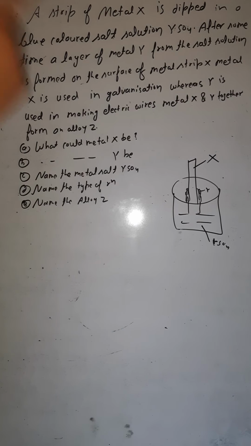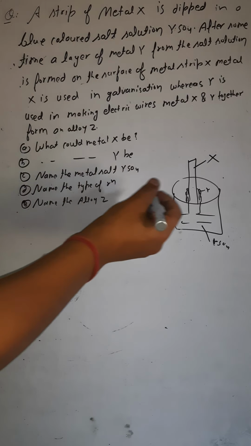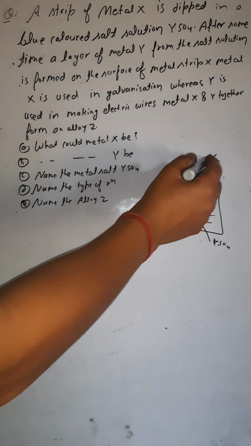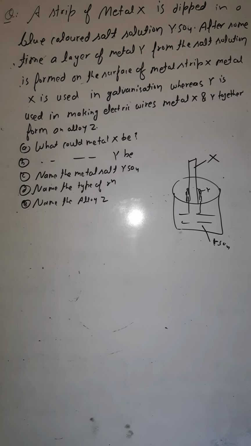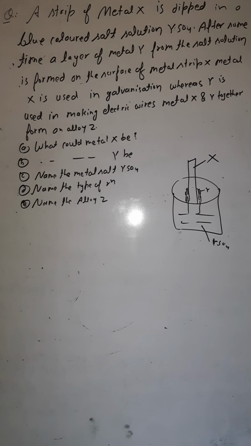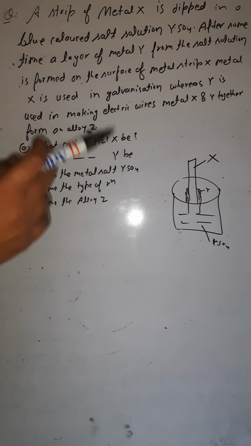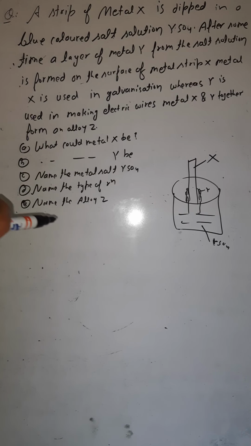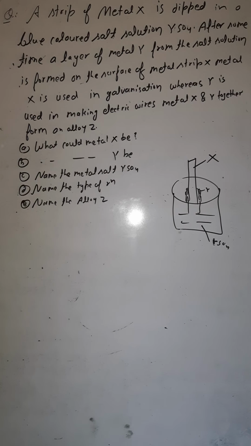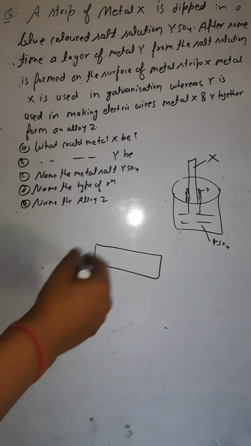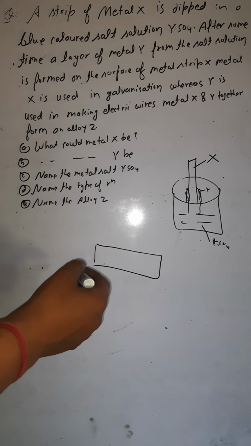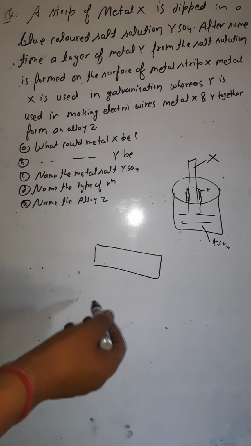Okay, now what you have to do? The metal X is used for what? It is used for galvanization purpose. You must be knowing galvanization is used to protect things. Suppose you have to protect copper or steel, anything.